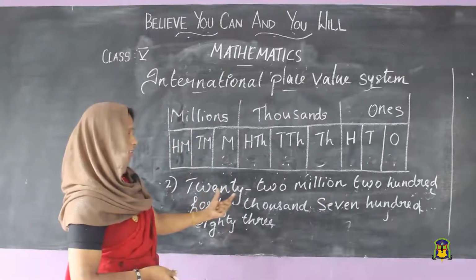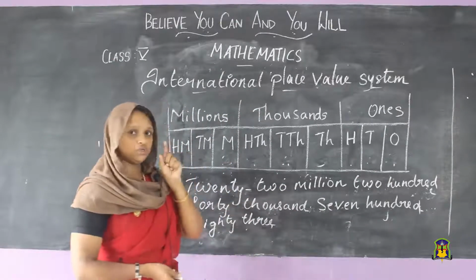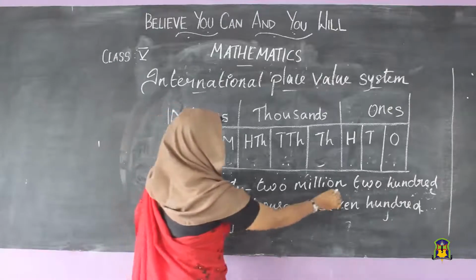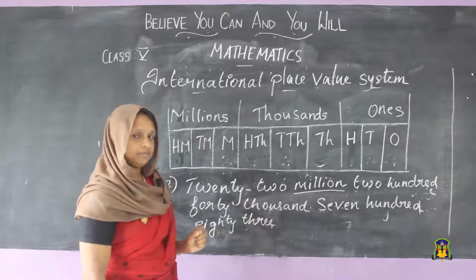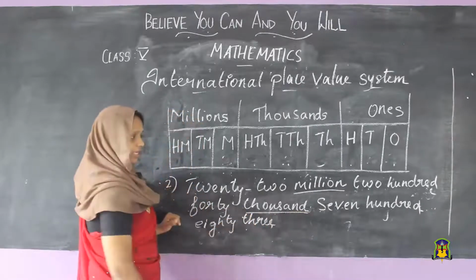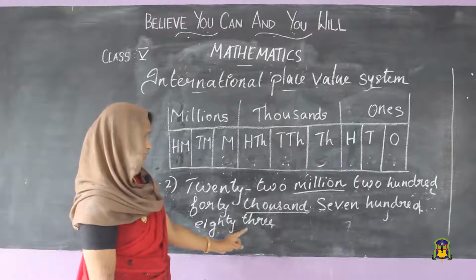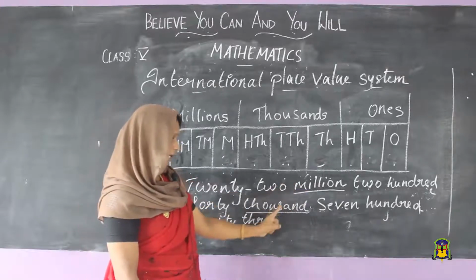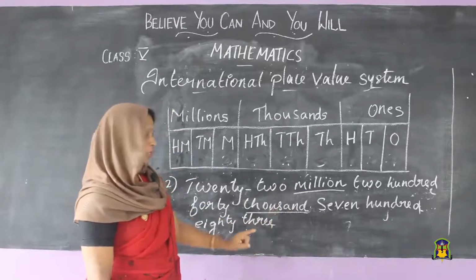So see, 22 million. First we want to note which period it is: million. Then comes 240,000, then 783. So million period, 1000 period and ones period.